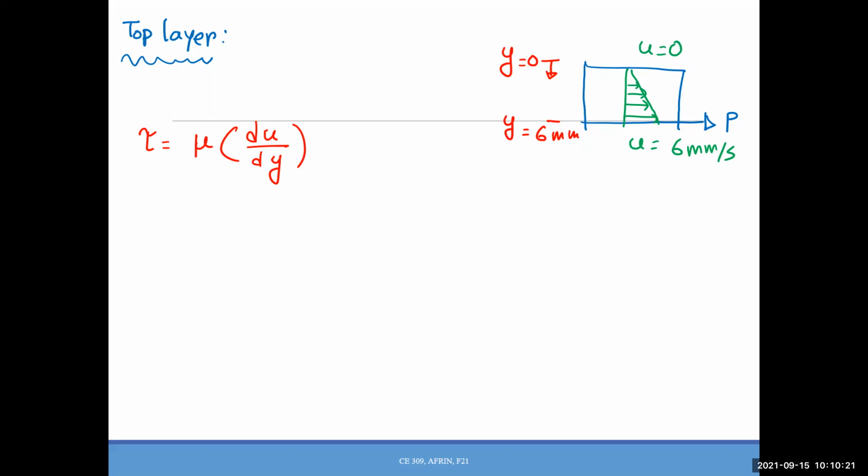I'm seeing stress, viscosity, velocity, and some y. Is there any way I can convert something into force from this equation? Like how can I use this equation to calculate force?